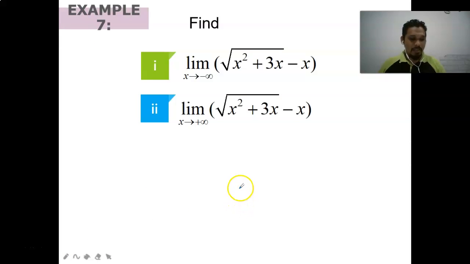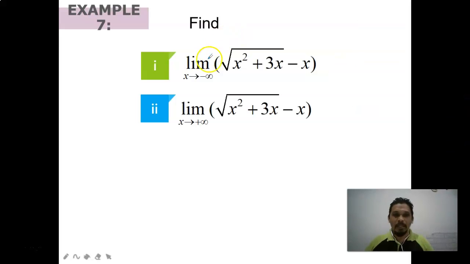Okay, so let's take a look at this one here now. The first one, x approaching negative infinity. Just imagine x equals negative 10. Negative 10 squared equals 100, and 3 times negative 10 equals negative 30. So 100 minus 30 equals 70.